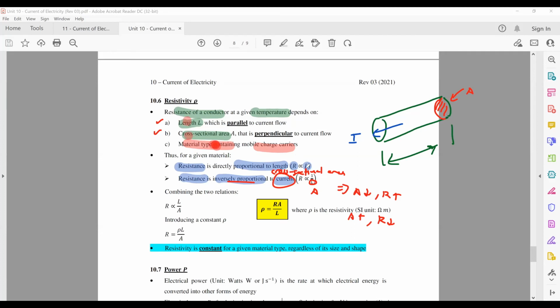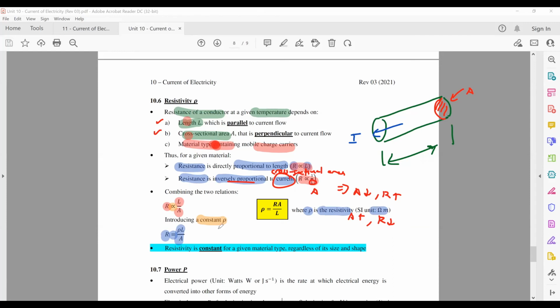Just now we said that R is proportional to L and R is inversely proportional to A. If you combine those two relations, you get R is proportional to L over A. To get rid of the proportionality sign, you introduce a constant rho. Then you get R equals rho L over A, where rho is the resistivity measured in ohm meter.